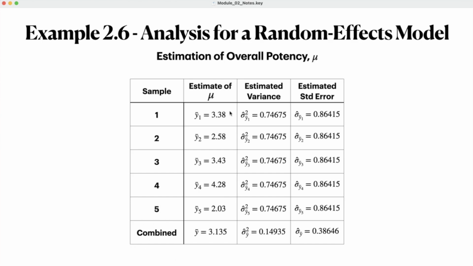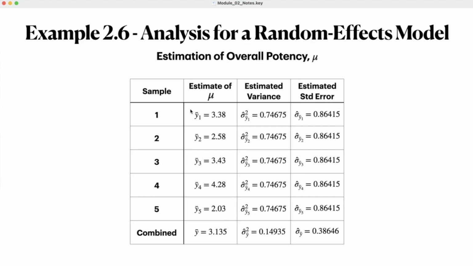The estimated overall potency using sample 1 would be 3.38 units. For sample 2, 2.58 units. For sample 3, 3.43 units. For sample 4, 4.28 units. And for sample 5, 2.03 units.